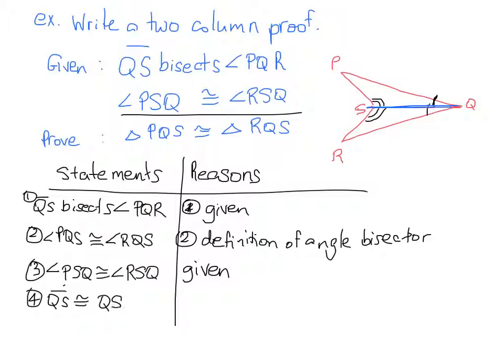Now it sounds like I'm stating the obvious, but I really do need to put that down because that is one of the sides of each of our triangles. So the reason that we know QS is congruent to QS is because of the reflexive property of congruence. So let's write that down.